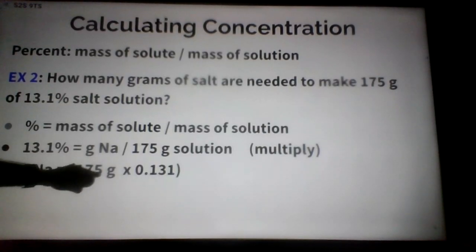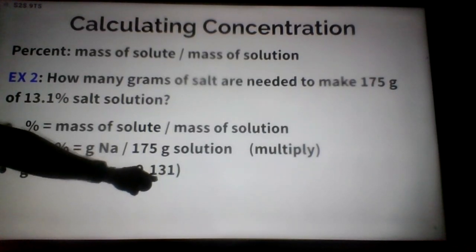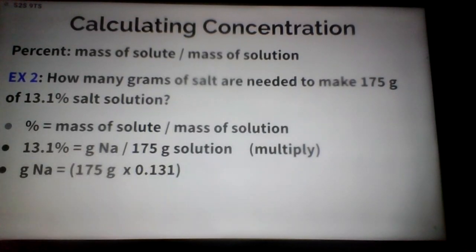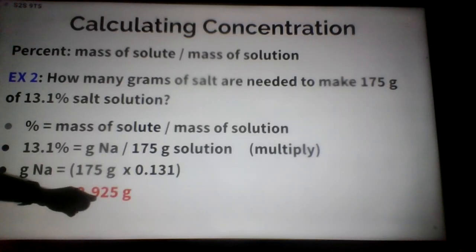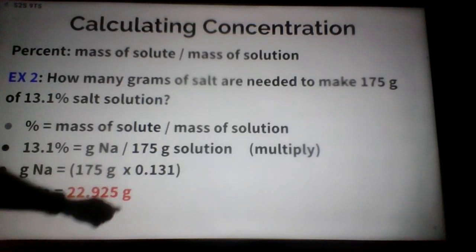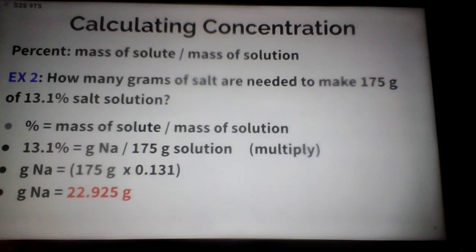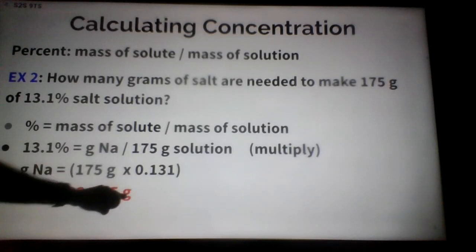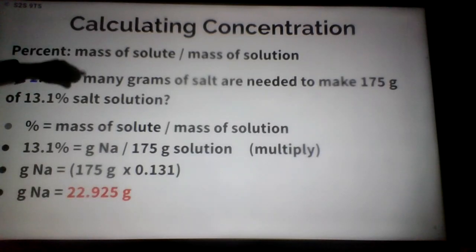So 175 grams times 13.1%, changed into a decimal, and we get 22.925 grams. I estimated 22, it's closer to 23, but estimation is a great way to know that we did the question correctly. So we have approximately 22.925 grams of sodium in this particular solution.